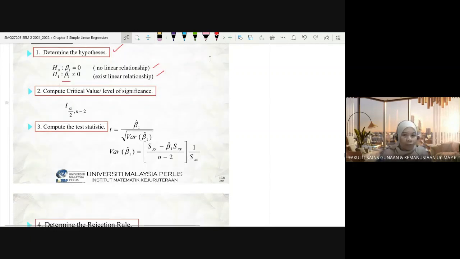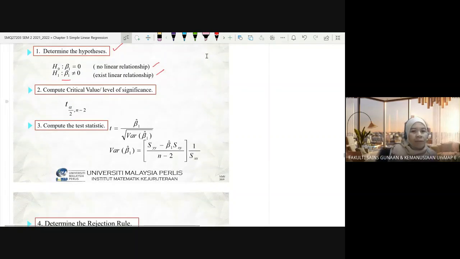Now, the second procedure would be to compute the critical value. In our case, we are using F. This one is not the calculated value, sorry class, this is the F critical value.